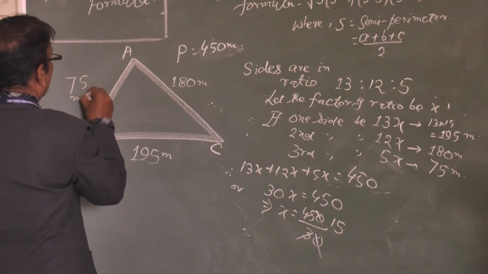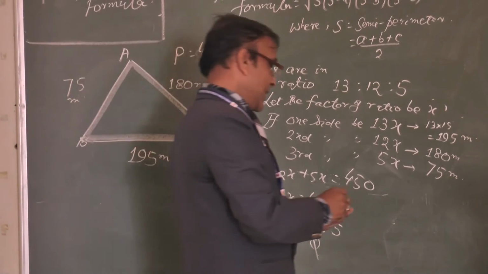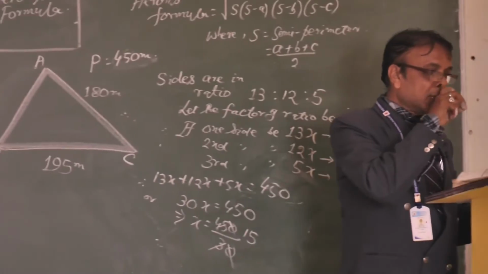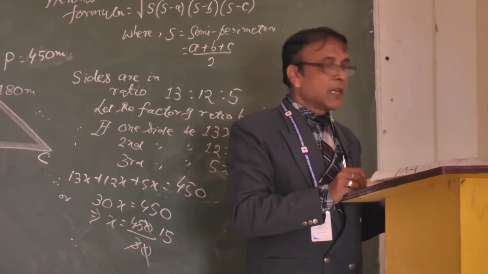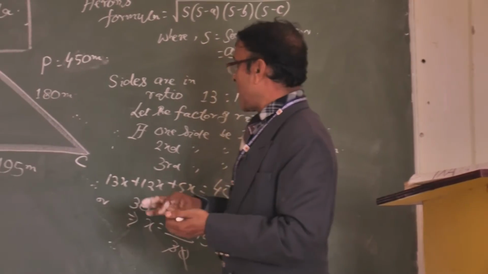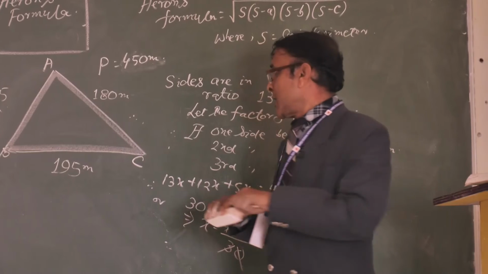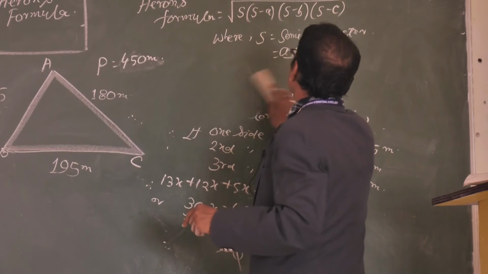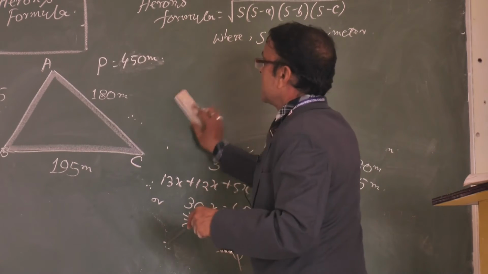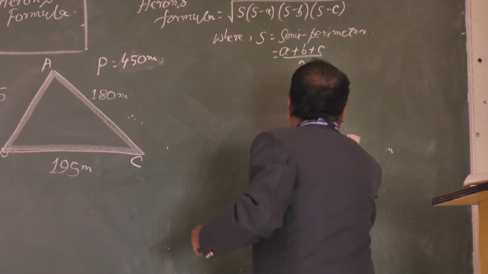Now we got all three sides, but the work is still there. It is asked to find the area of the triangle. Till now our work has not completed. So again we will continue to find the area of the triangle.